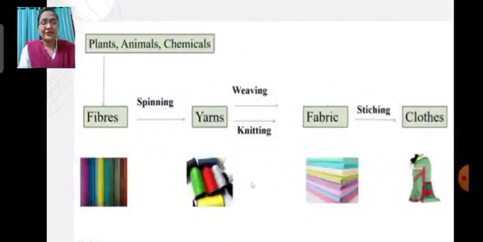Now we will summarize what we have learnt up till now, and this chart which I have shown you on the screen summarizes what we have studied.